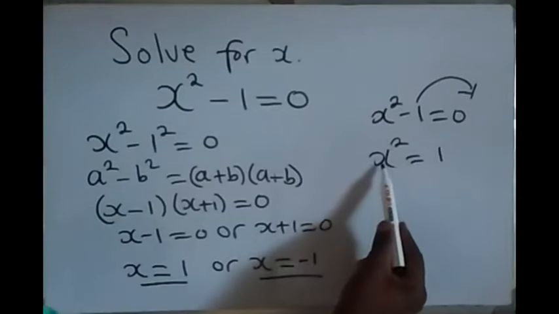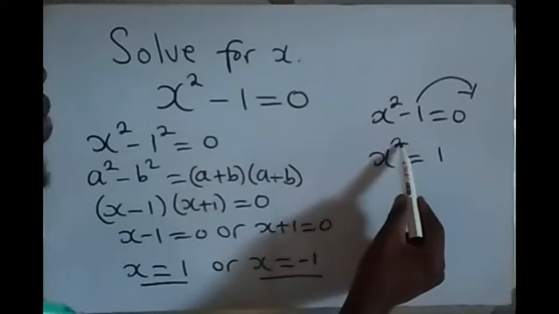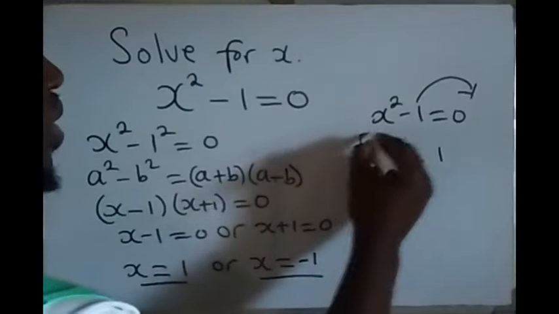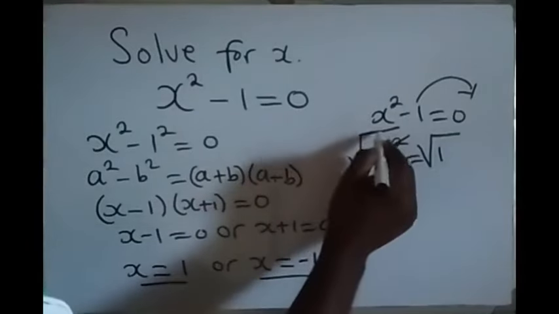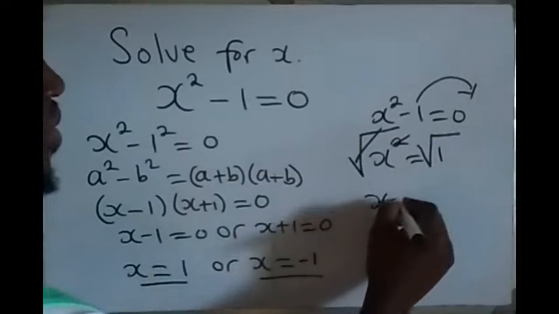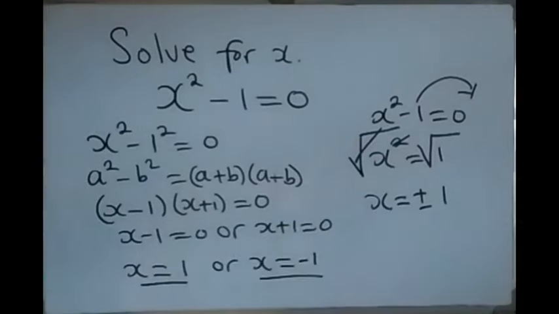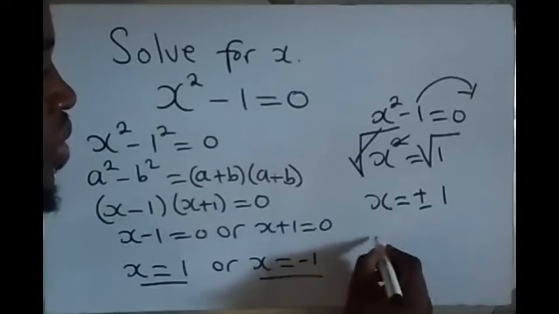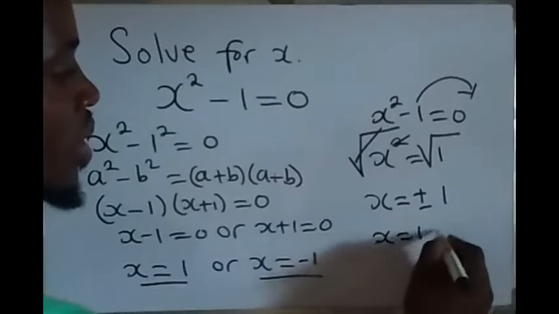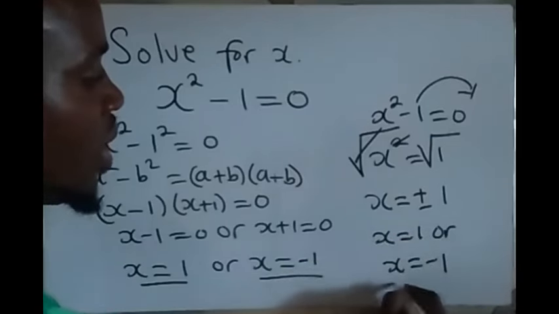Now, this x is having a power 2, so we should get rid of this square by introducing the square root to both sides of the equation. Here, this 2 and the square root cancel. x is equal to plus or minus the square root of 1, which is a 1. So this tells us that we have two possible values of x, which is x is equal to 1 or x is equal to negative 1.